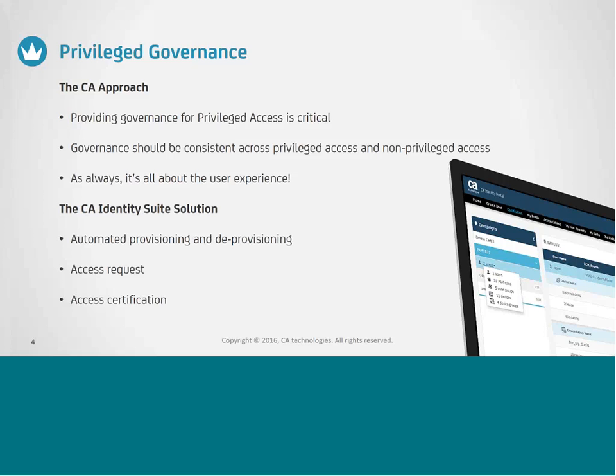The second item is around access request and making sure that we provide strong access requests for privileged access with all of the features that we have come to expect in the identity management space. All right, so having approval, having risk, having segregation of duties, having all of these items available for you for privileged access requests.